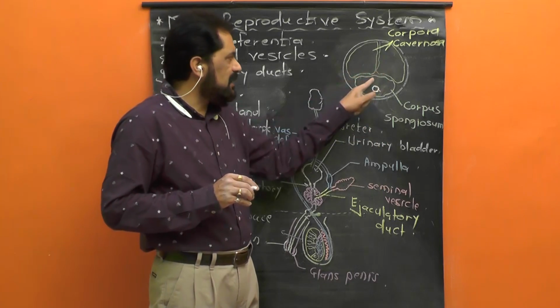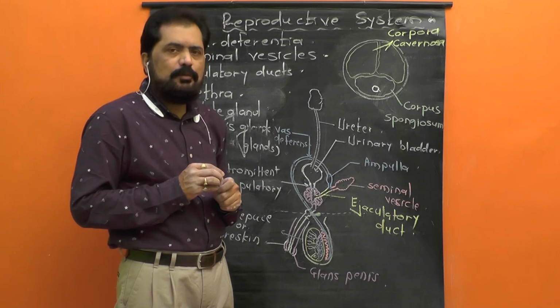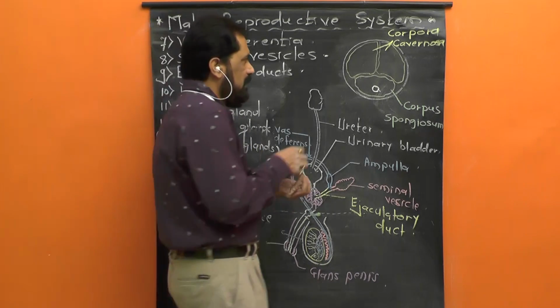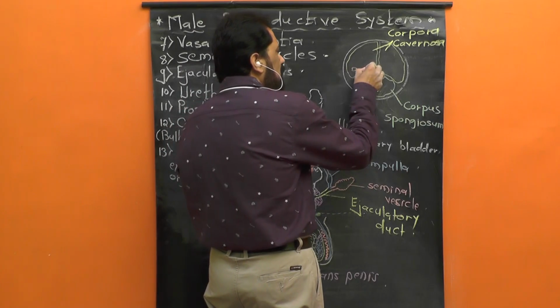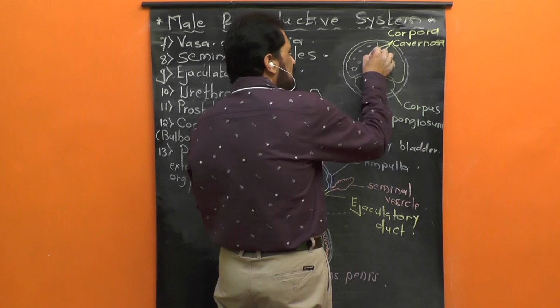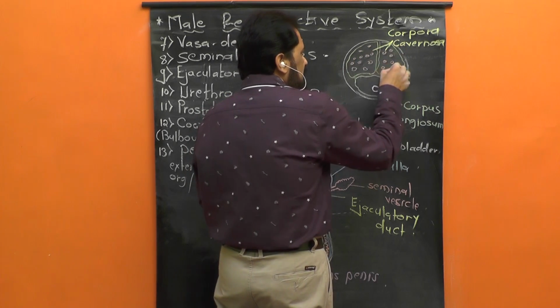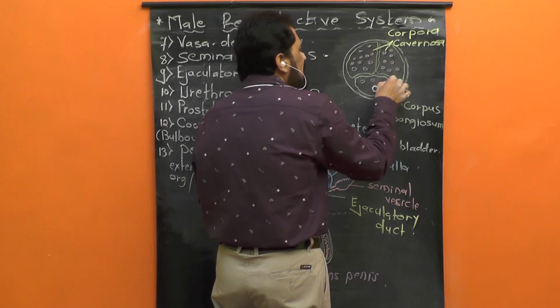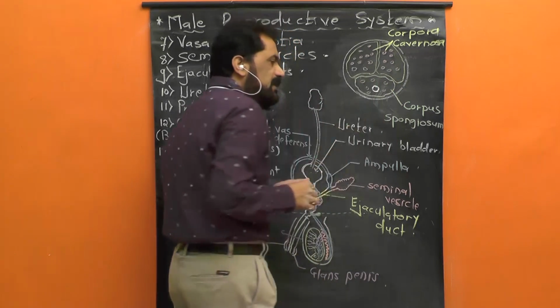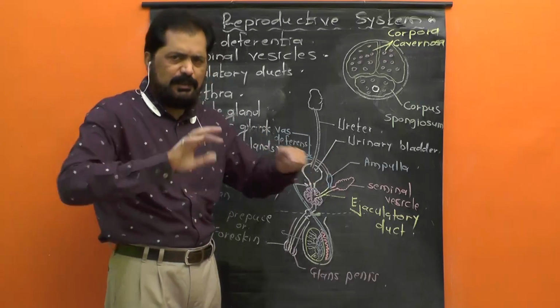Actually, these masses of spongy tissue consist of so many blood sinuses. Blood sinuses are small spaces. These blood sinuses remain empty when the person is not sexually excited, when the person is normal.